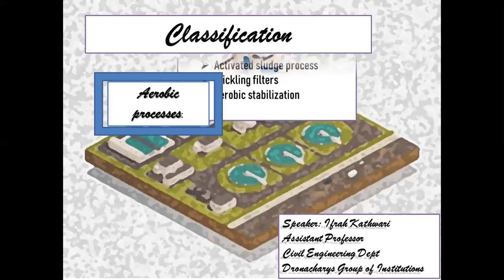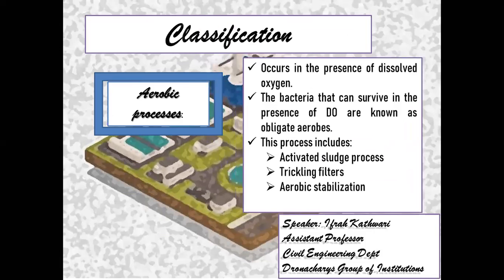In aerobic processes, everything that is done is in the presence of dissolved oxygen, and the microorganisms that work for the decomposition of organic matter also survive in this dissolved oxygen, and these are also known as obligate aerobes.